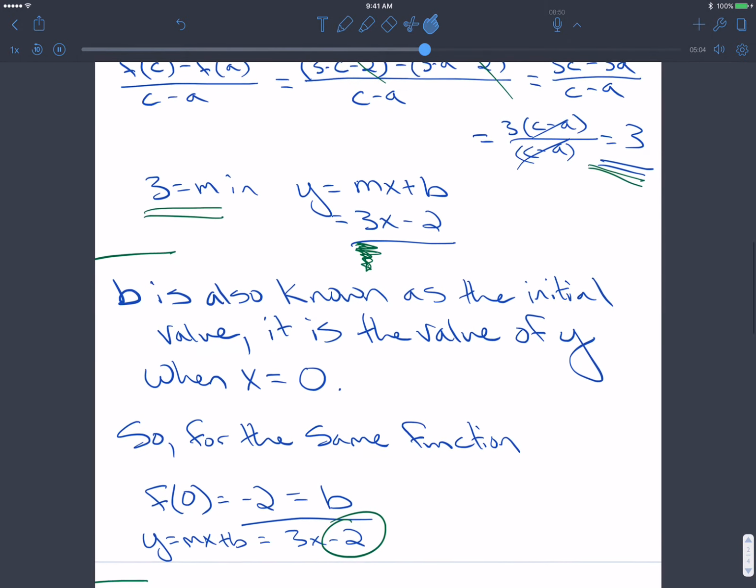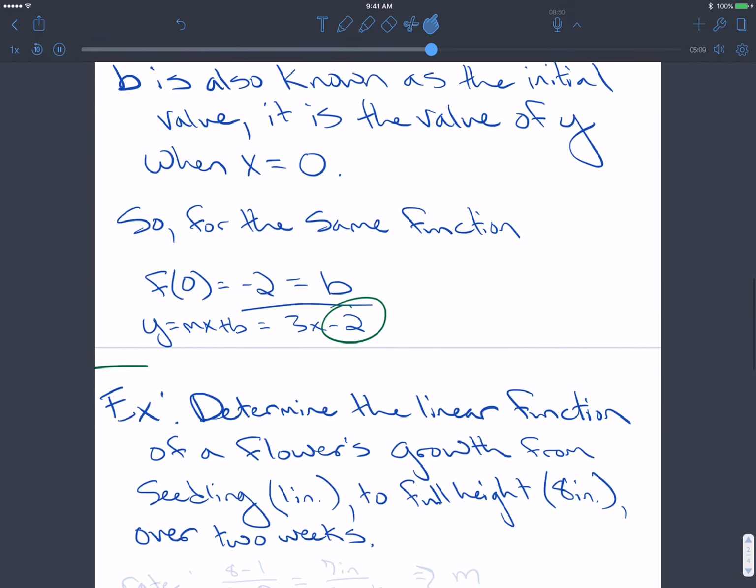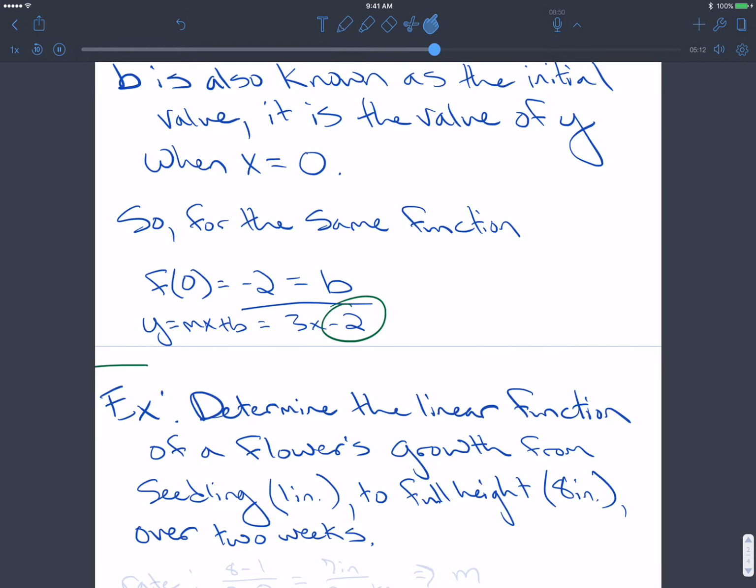We can apply this to an example if we look at the linear function of a flower's growth from seedling, say that's about 1 inch, to full height, say that's 8 inches, over the course of 2 weeks. If it takes 2 weeks for it to go from 1 inch to 8 inches, let's determine the linear function for its growth. First we have to determine the rate at which it is growing.